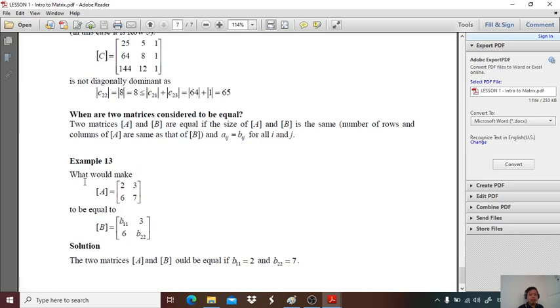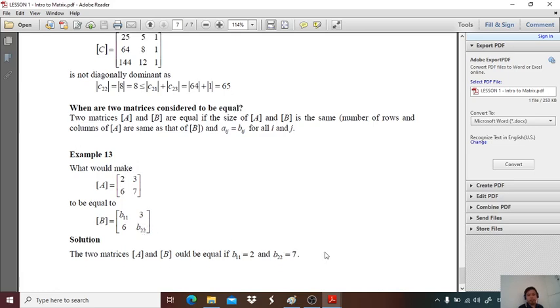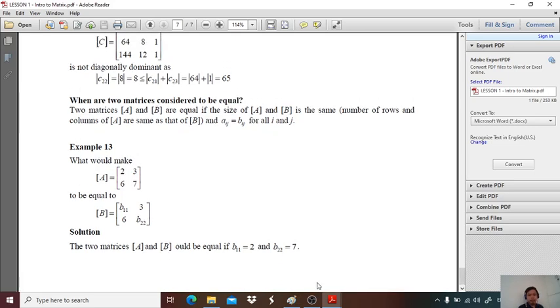We can consider A and B equal if and only if the element B11 is equal to A11, the same as B22 with A22. So two matrices A and B will be equal if B11 equals A11 and B22 equals A22. Okay, so that's all for the introduction.